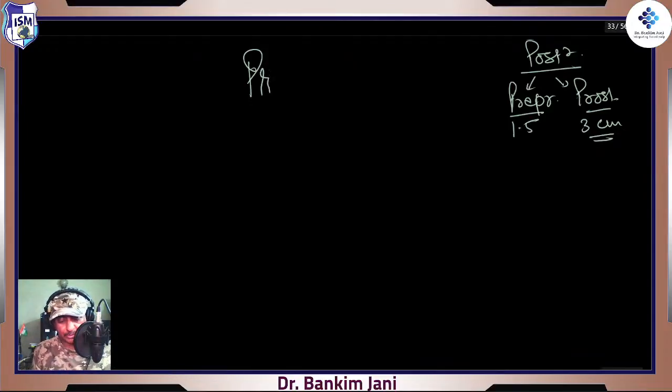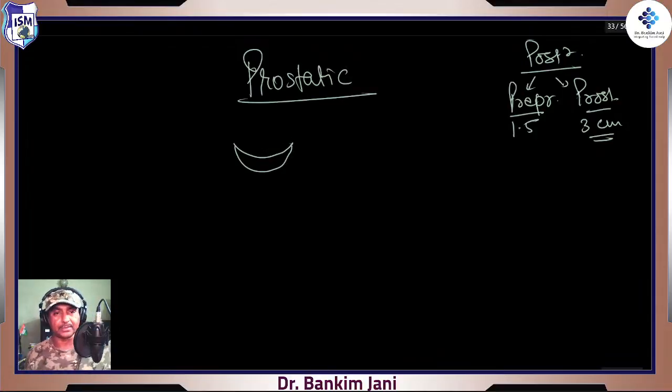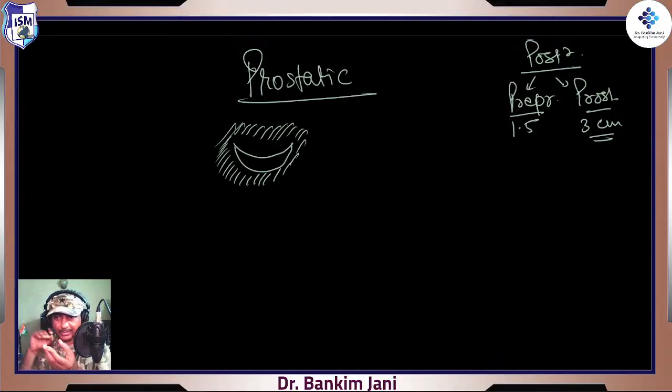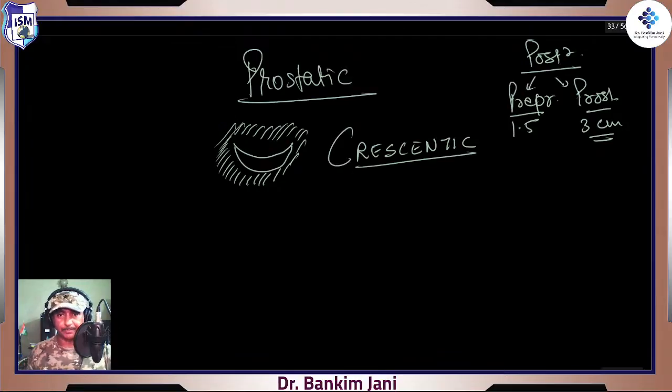The pre-prostatic part was roughly 1.5 centimeters. The remaining, about 3.5 centimeters, is the prostatic part. One thing to be known is the shape. It is like a tube, right? All over here is the prostatic tissue. But then it becomes crescentic, that means half moon shaped, right?